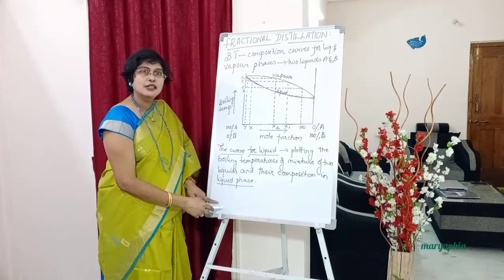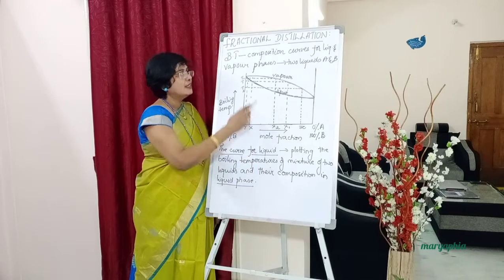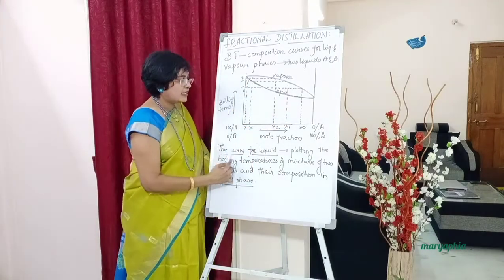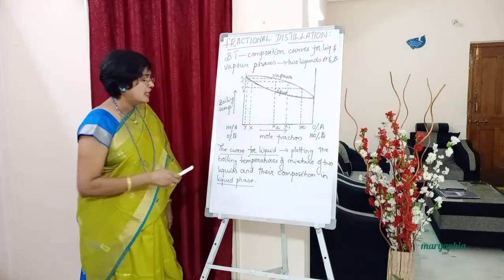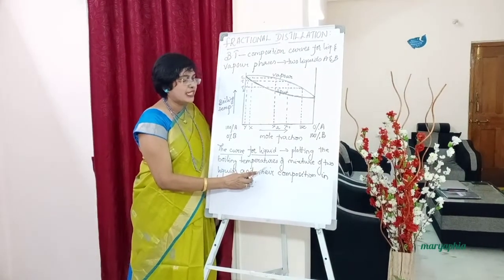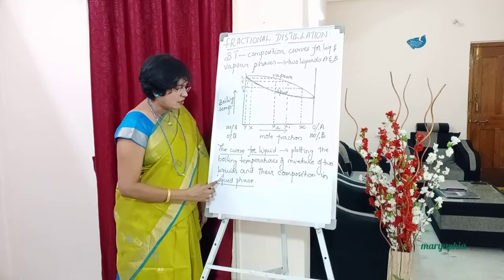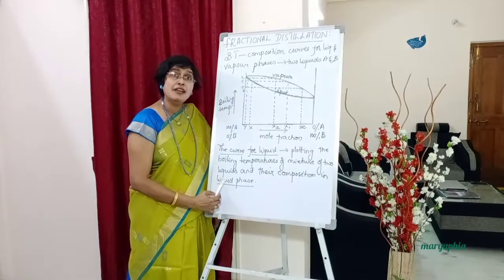Below, write down the curve for vapor, that means this curve. The curve for vapor is obtained by plotting the boiling temperatures of mixture of two liquids and their composition in vapor phase.